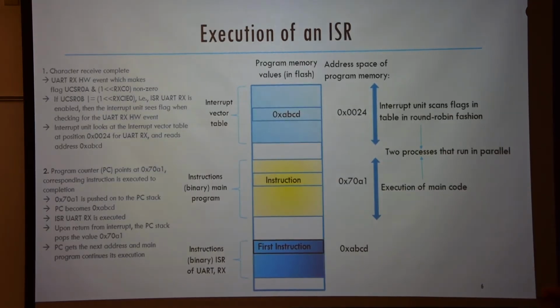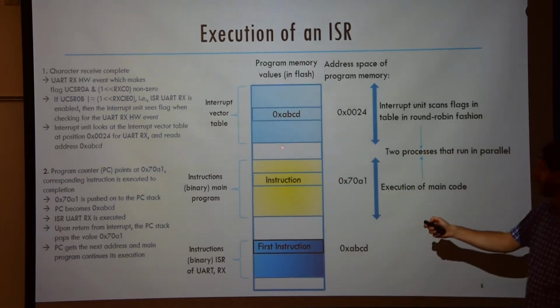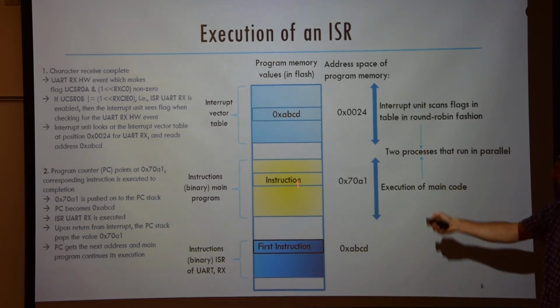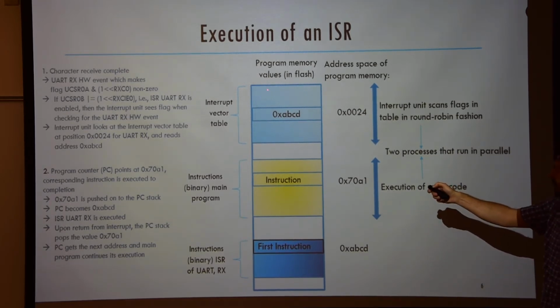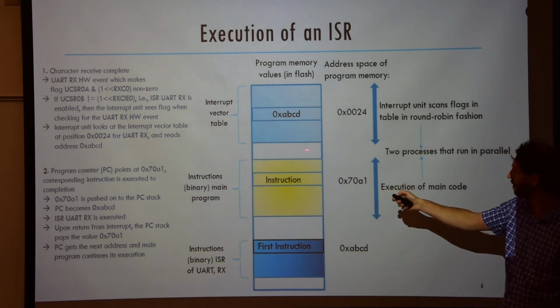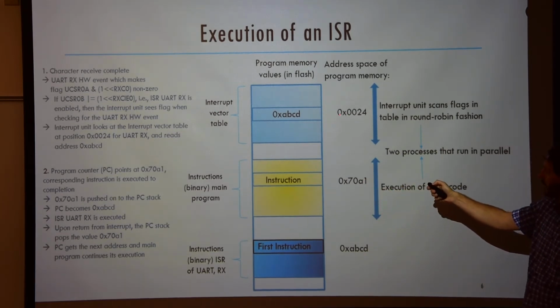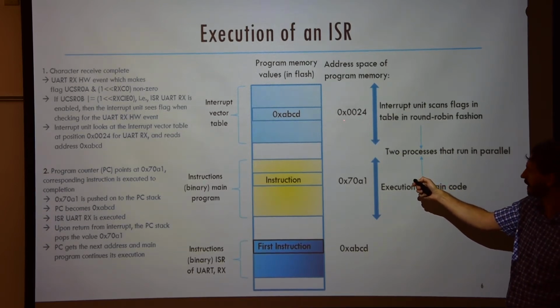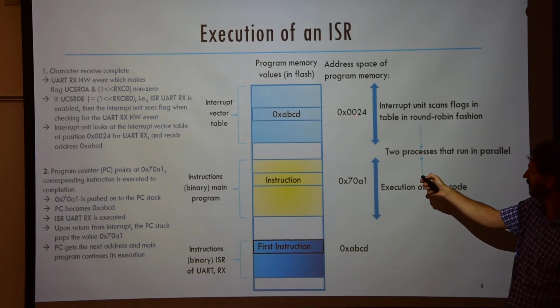Now if you go once more to a different view and look at the actual memory, here it is, then we see this interrupt vector table, and at 0x0024 we have something stored. Well, it's stored at 0x0024 and 0x0025, right?